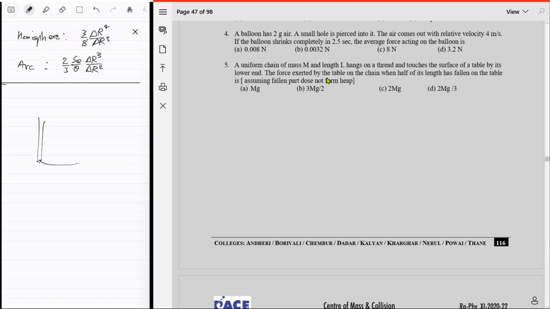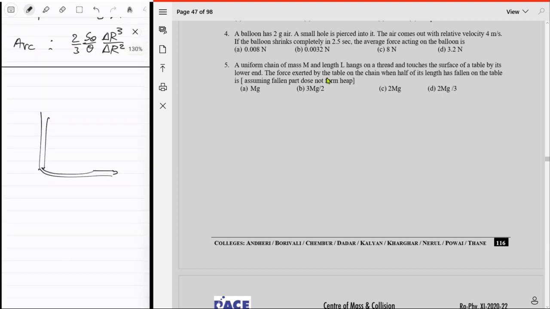Exactly. So the velocity of this part is just zero, right? Yeah, exactly. There is gravity, definitely, and there are normal forces on this guy. We just need to think about what system we should take.